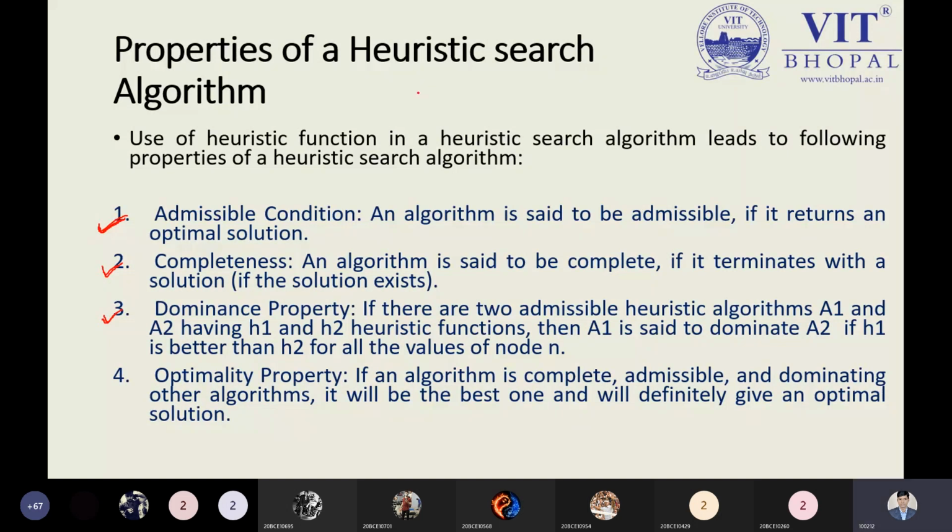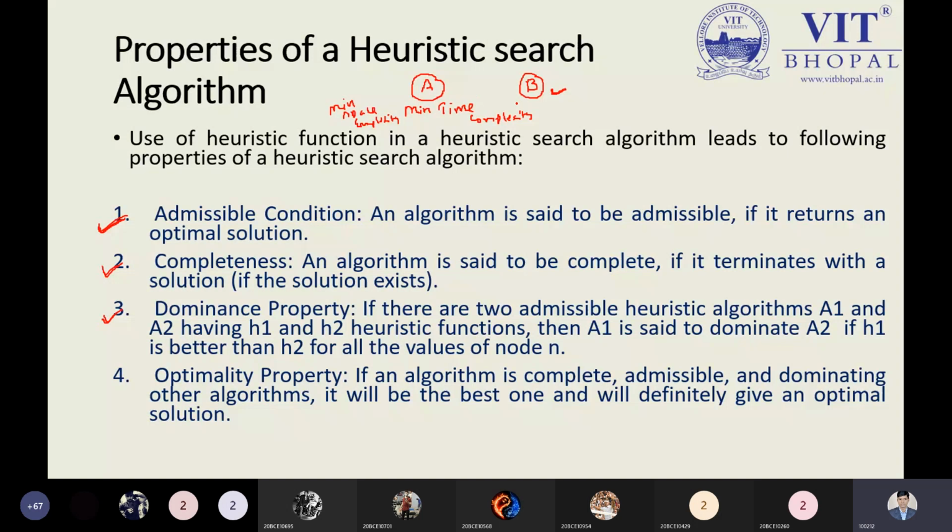There are two students, A student and B student. A student is giving the solution with the minimum time complexity and with the minimum space complexity compared to B. So it means A student will dominate B based on the solution.